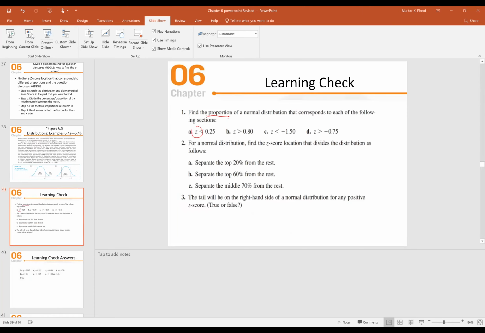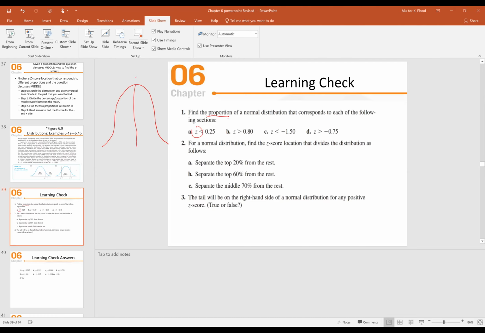So the first thing we're going to do is we are going to draw our distribution. All right, and here is the mean. And then we're going to approximate where our z-score is at, so we can know if we're looking for a body or a tail. So in this question, it asks, what is the proportion of z-scores that are less than 0.25?